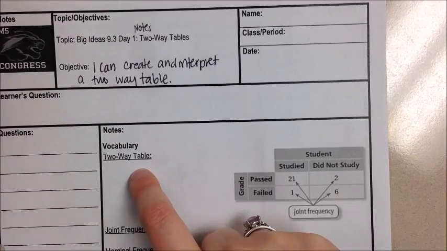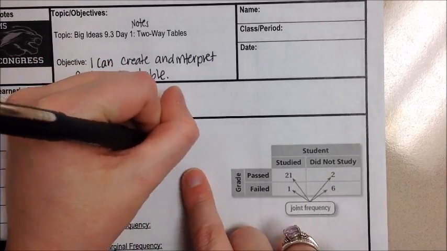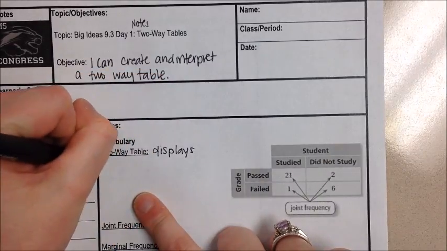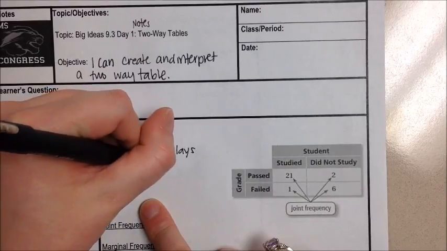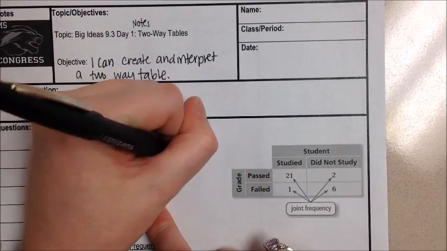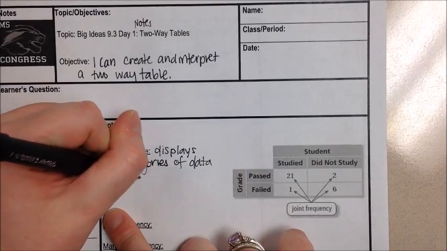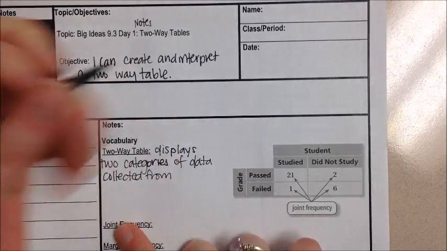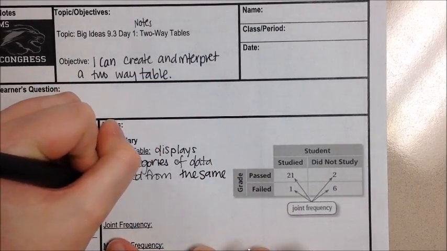Okay, so some vocabulary that you need to know. You need to know what a two-way table is. A two-way table displays two categories of data collected from the same source.